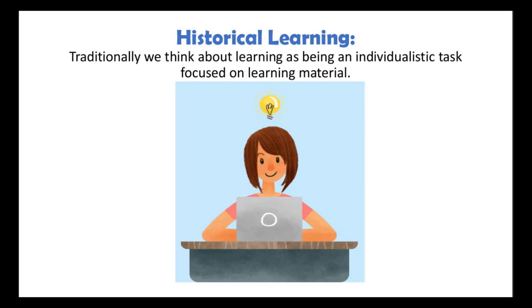This approach also does not support long-term learning transfer, because if we remember from previous courses, typically long-term learning transfer is going to require learning to happen also in authentic situations. So in other words, real-world situations.